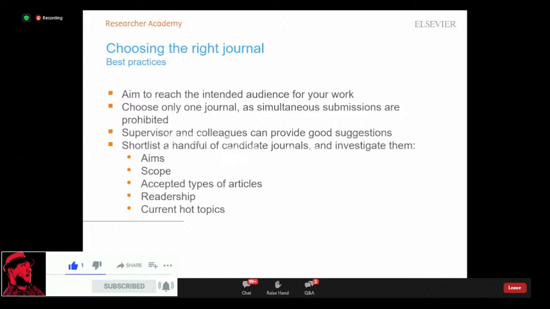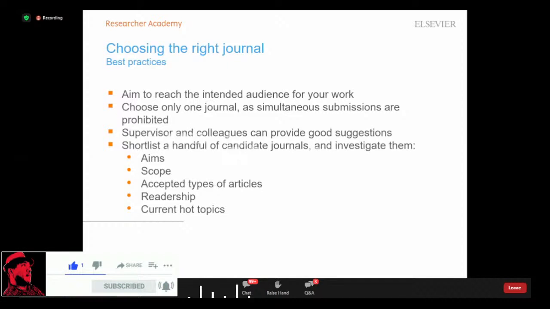One of the most important things about having the right journal is that you will reach the intended audience for your work. If, for example, there's a paper on plastic deformation and it's submitted to a journal on marine biology, of course, that's not really going to be of interest. It's a silly example, but it's just to indicate how important this is.